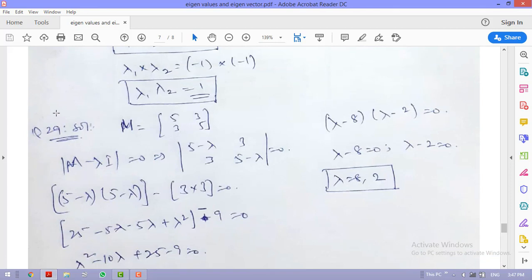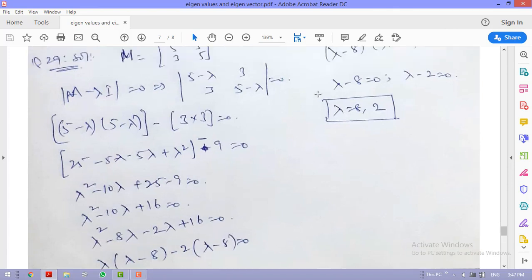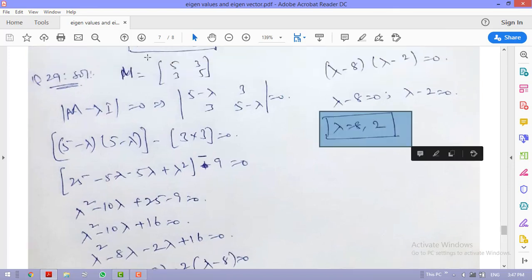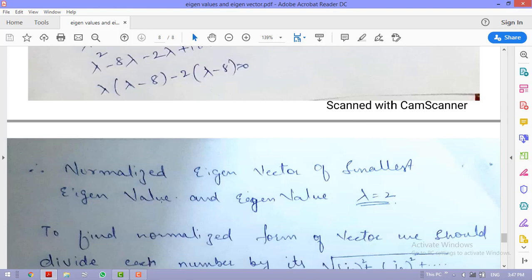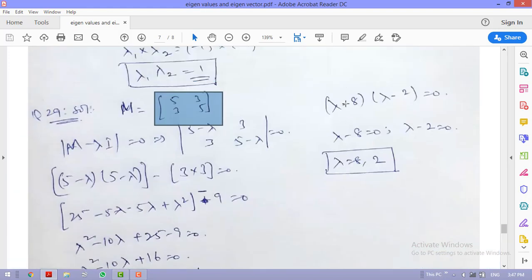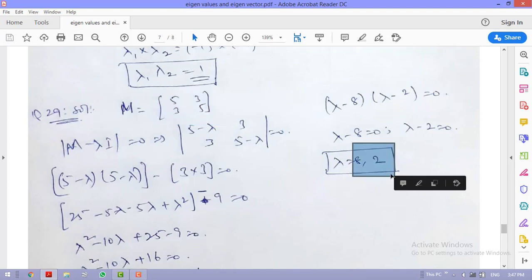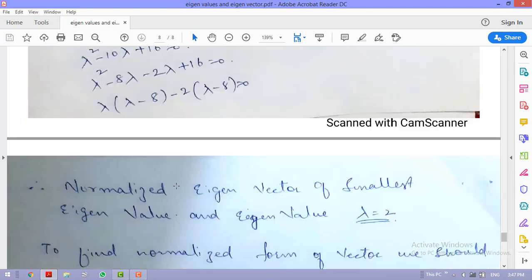First I identified the eigenvalues of this matrix, which are 8 and 2. Here they are asking for the normalized eigenvector of the smallest eigenvalue, and the smallest eigenvalue among these two is obviously 2.